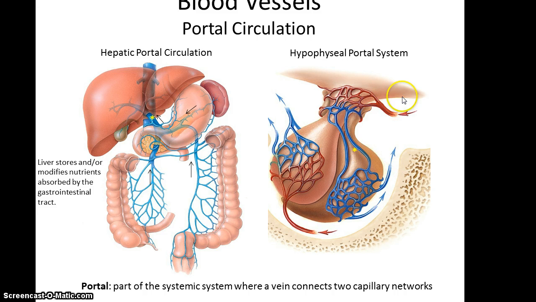And here is the hypophyseal portal, where you have a route that allows the hormones from the hypothalamus to reach the anterior pituitary gland through the hypophyseal portal veins, again connecting to capillary beds.